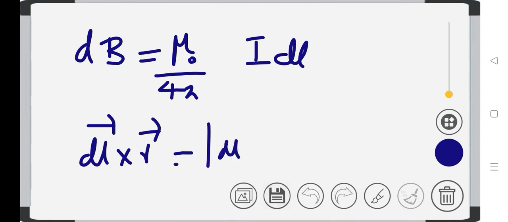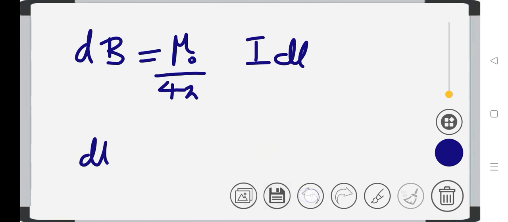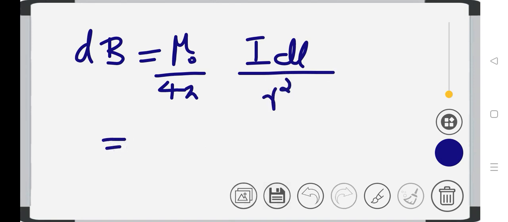This is r cap, unit r cap means unit vector, so the magnitude of the unit vector is 1. So it is dl sine theta. In this case it is sine 90. So I dl by r square. Okay, so from this triangle, that is the one that I drew before, that is this one.